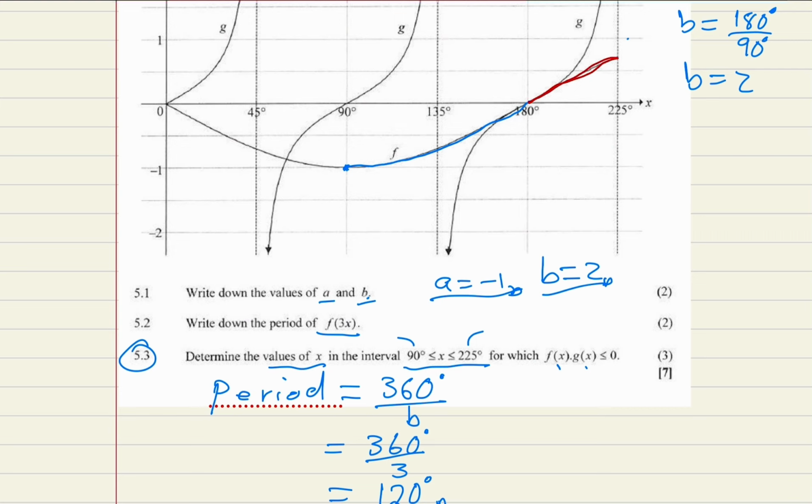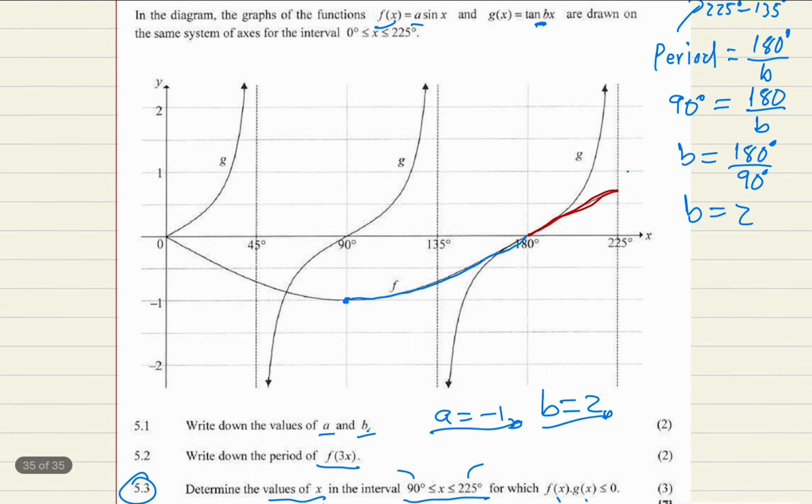Okay? While if I look at the G here, it is positive, positive, positive. Then here it is negative, negative, negative, negative, negative. Then here again it starts to be positive, positive, positive. So here it is positive, here it is negative, here it is positive.